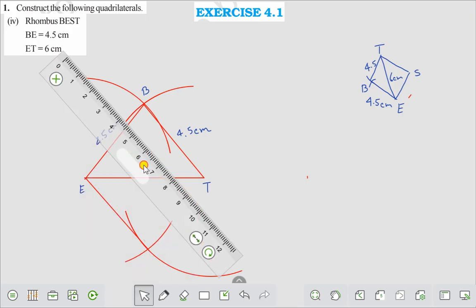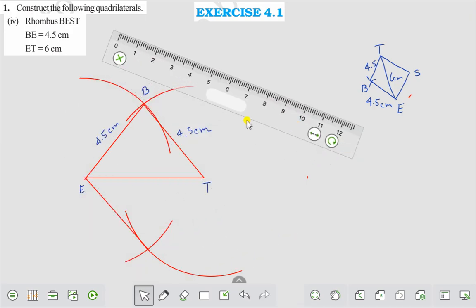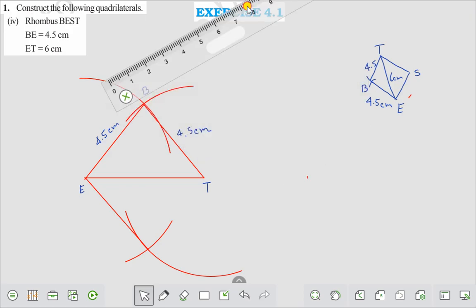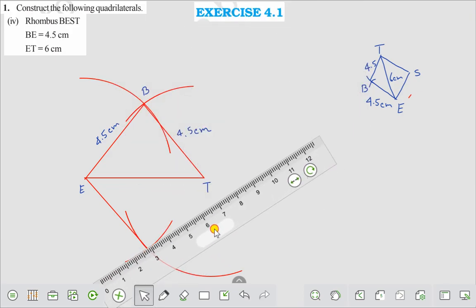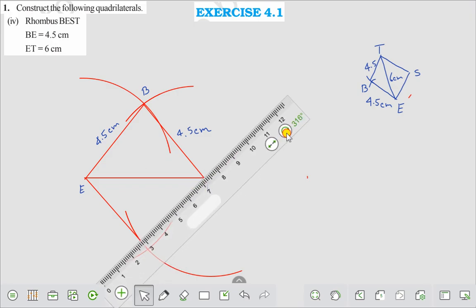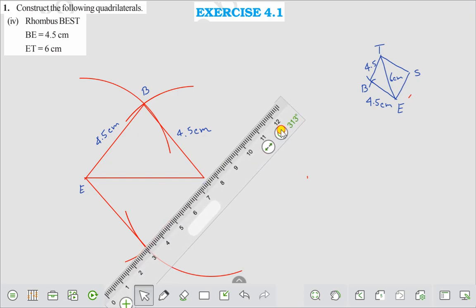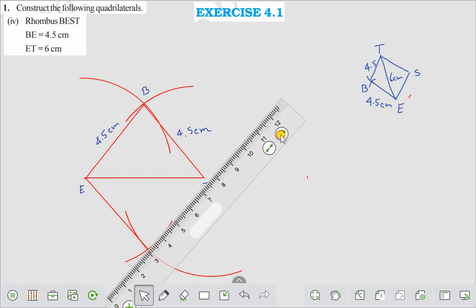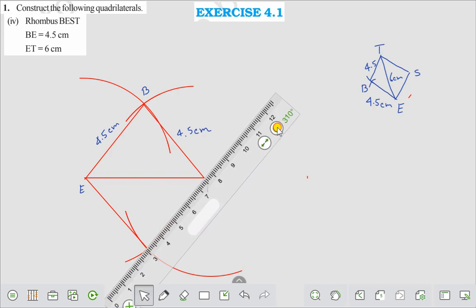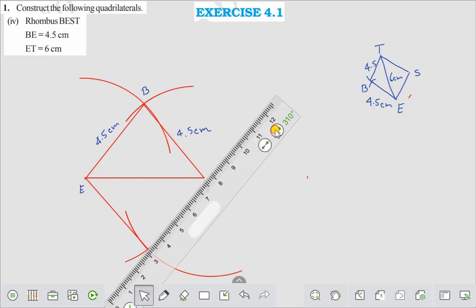Right? And here also we'll join this point once again with this one. And join this line also.